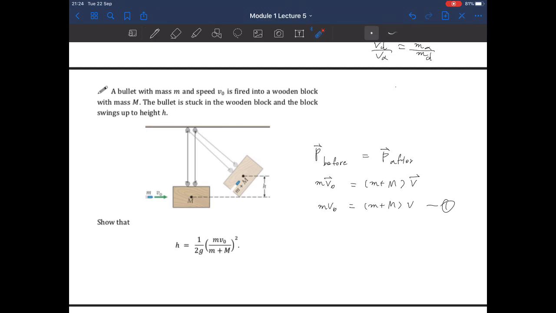Now what is this v? This v is the velocity of the bullet and the block right after it hit the block. So if you have this, this is the block with the bullet inside, right after it hits, and the velocity of this system right after it hits is this v.